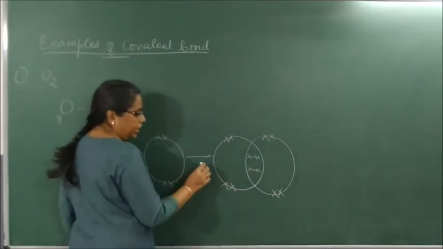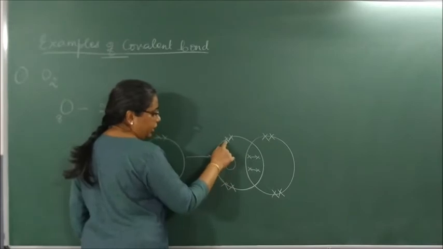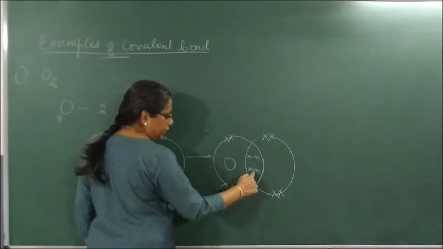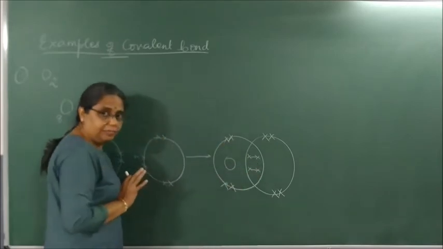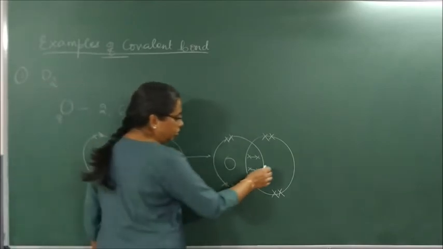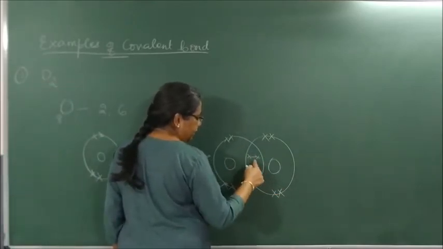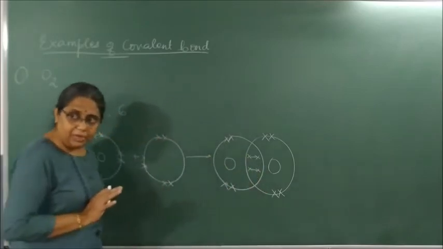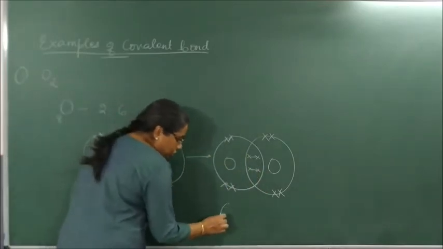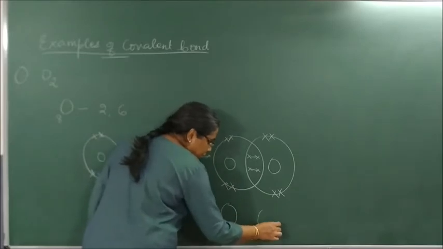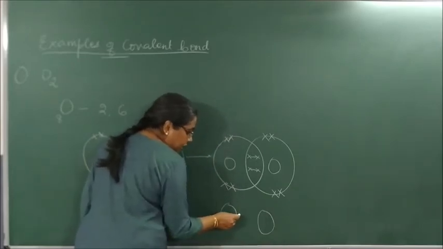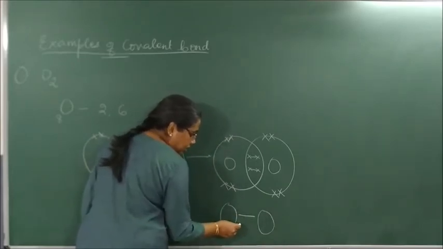Now count for every oxygen. 1, 2, 3, 4, 5, 6, 7, 8. Complete? For this oxygen, let us take 1, 2, 3, 4, 5, 6, 7, 8. Complete? So now this oxygen is related to the other oxygen with how many bonds? Double bonds.